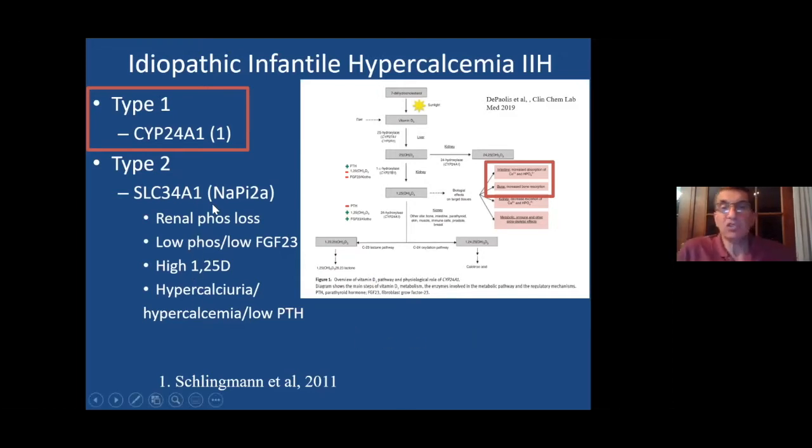And let me dispense with type 2 first. Type 2 is really a phosphate transporter where they have mutations in the phosphate transporter, renal phos loss. That causes a high 125D, and the high 125D causes hypercalciuria, hypercalcemia, and a low PTH. But what we're really talking about is type 1, which was first described by Schlingmann in 2011 in the New England Journal of Medicine. And this is mutations of the 24-hydroxylase.